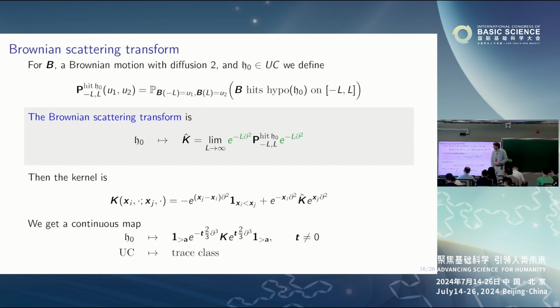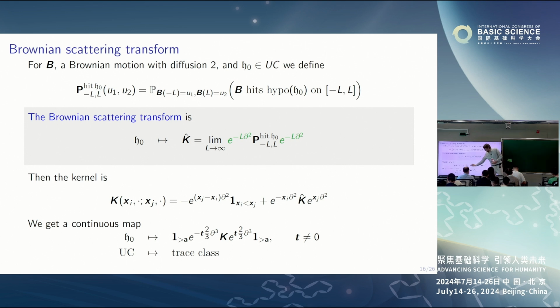Then the Brownian scattering transform is defined in the following way. We take this hitting probability, we conjugate on two sides by the exponentials of minus L second derivative, and we take the limit when L goes to infinity. Then our kernel inside the Fredholm determinant has the following structure. Again, it has two parts.